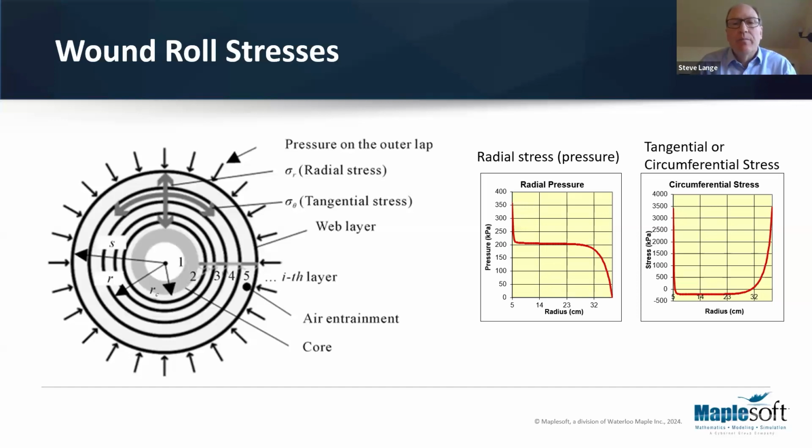You see a couple of plots on the page showing, for one particular set of winding conditions and material properties, that this radial stress or pressure is usually highest at the core, and then in this case it plateaus and then falls off on the outside. The tangential or circumferential stress, even if you're winding at constant tension, is not constant in the wound roll because the compression of the layers changes that stress.